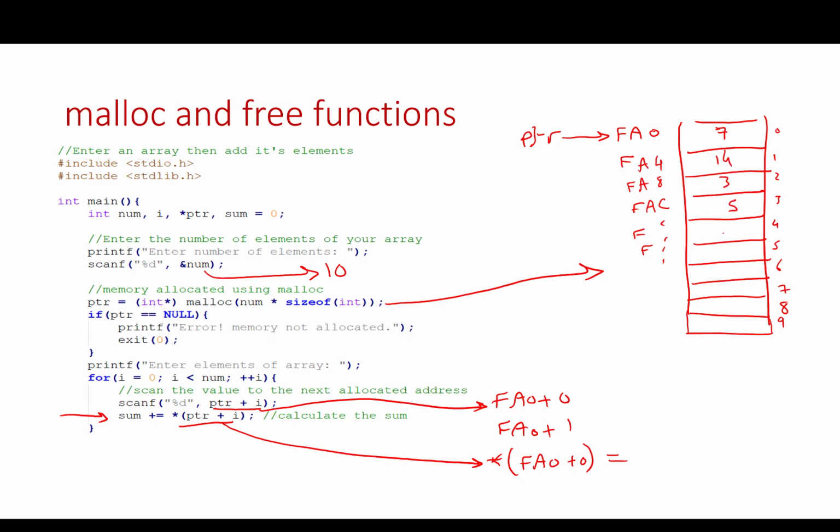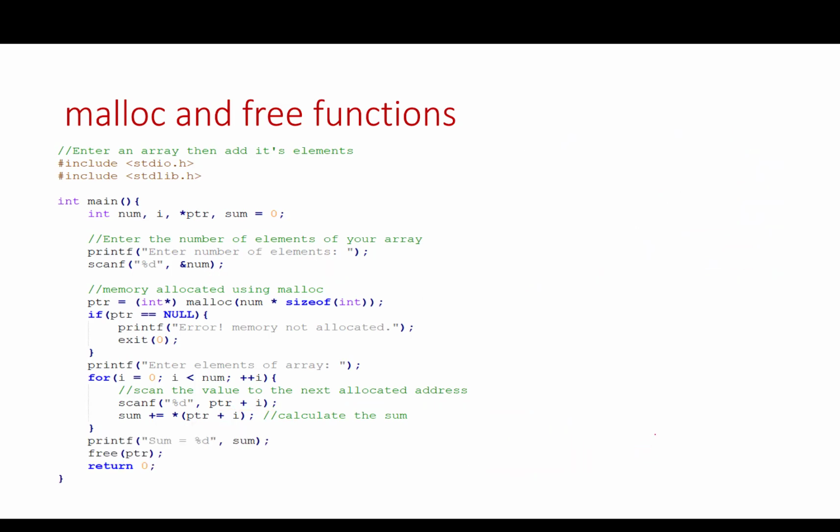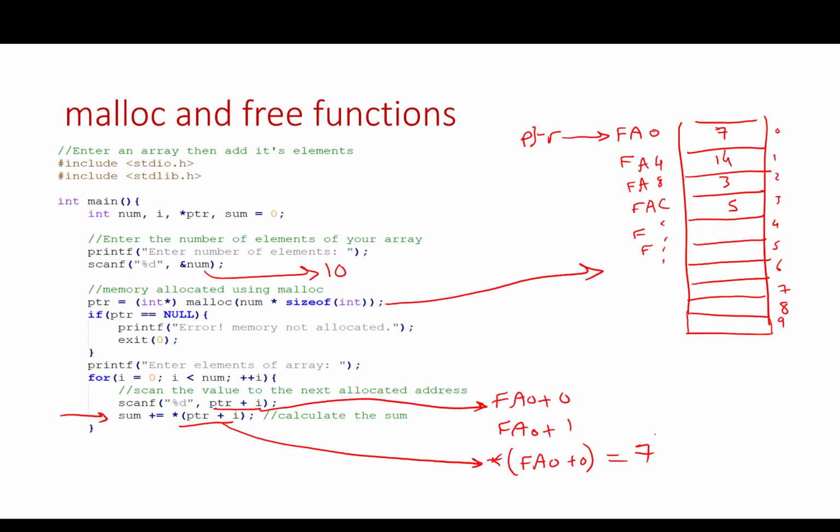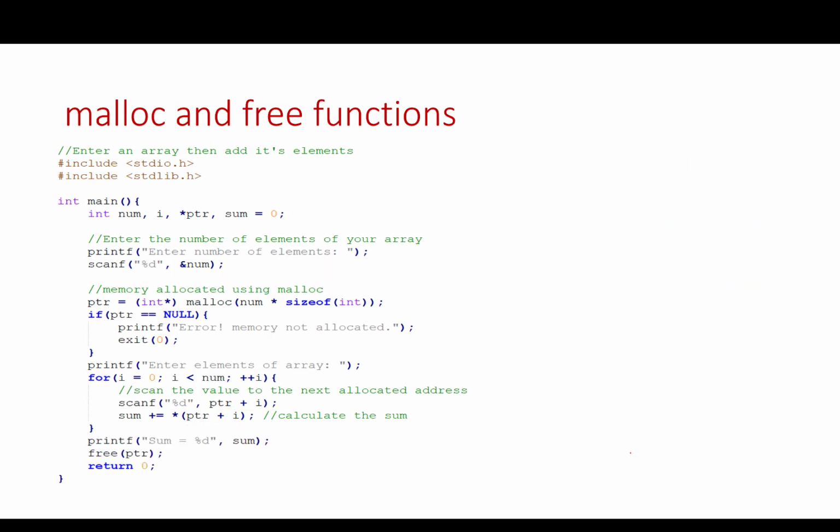So in this case, this will give 7, right? And then if I have this, this will give 14, and so on. Okay? Is it clear? And after doing that, I will just print the sum.